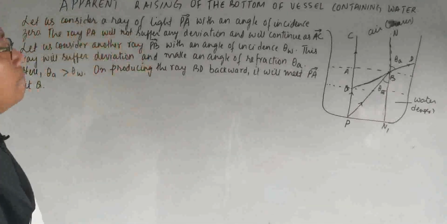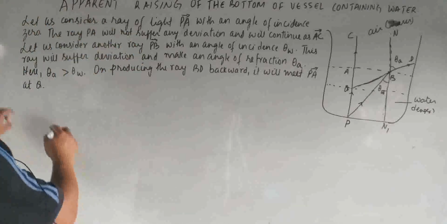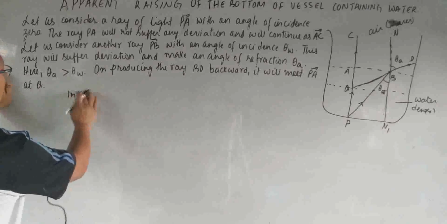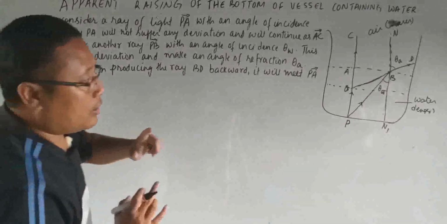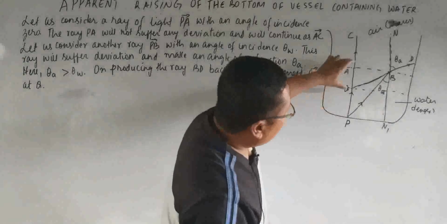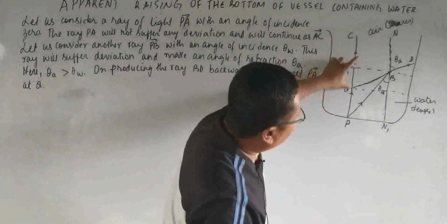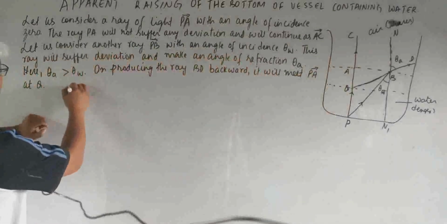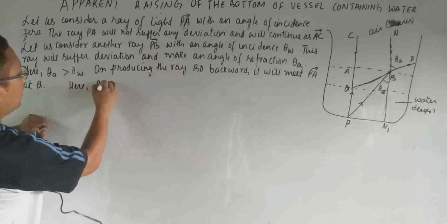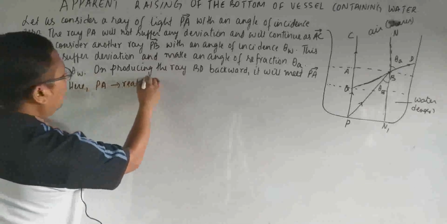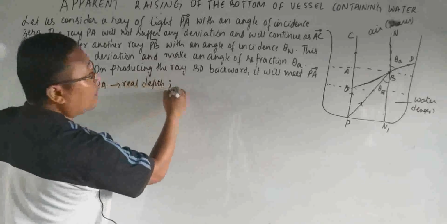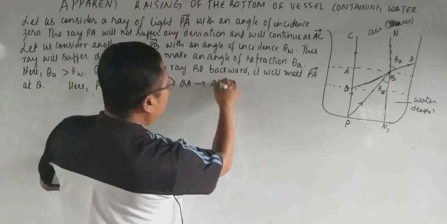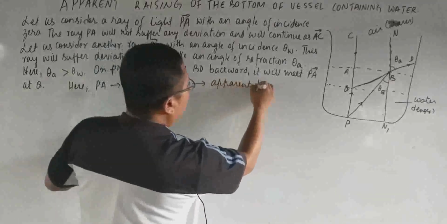So now let us take one of the right angle triangles. Before that let's write the apparent depth and the real depth. So this QA is the apparent depth and PA is the real depth.